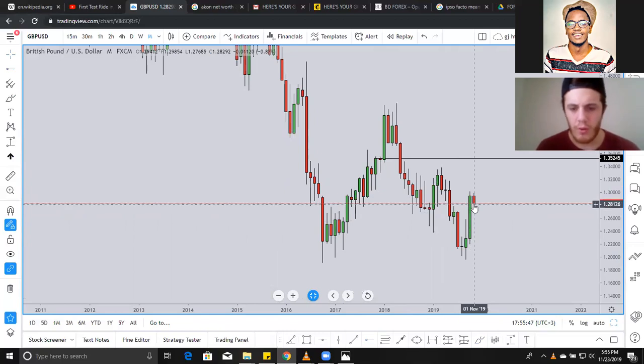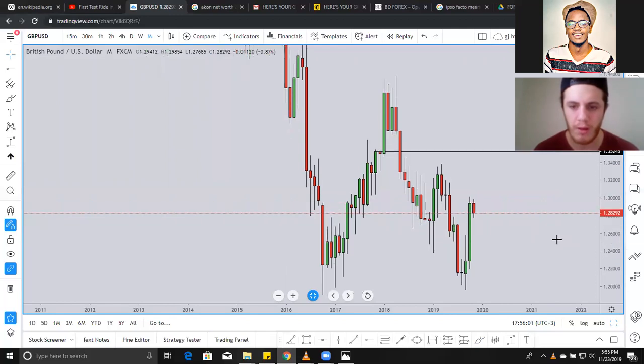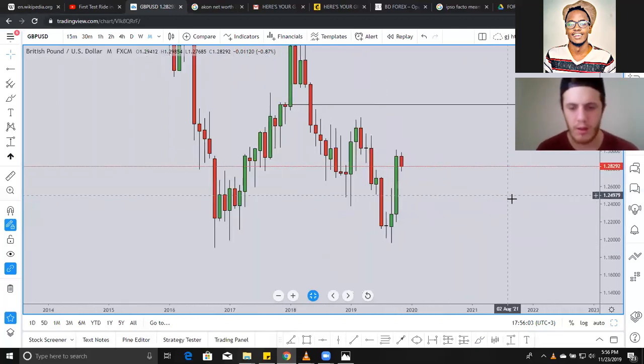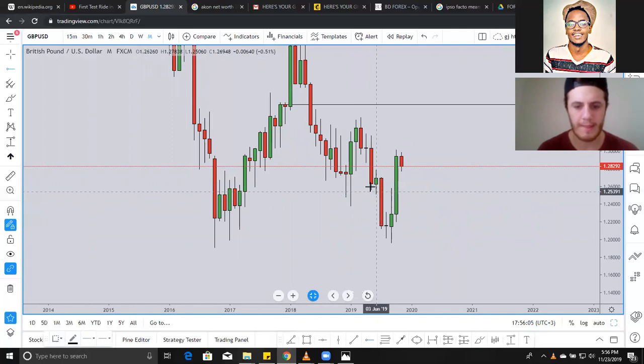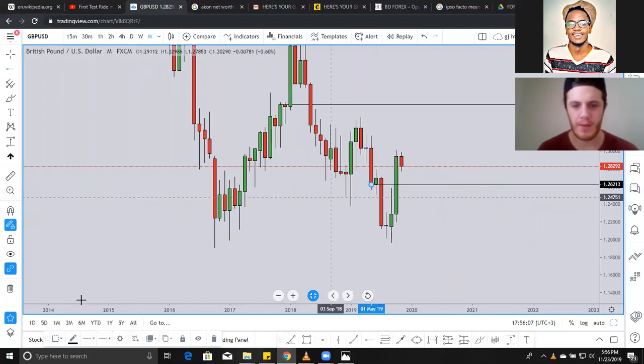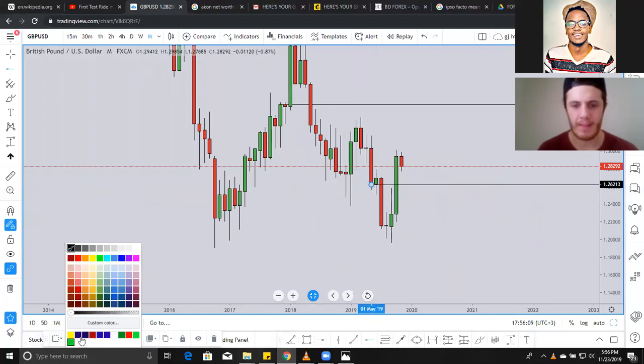Using the last lower high and lower low that was broken, we need to retest that previous invalidation point to continue going up. Absolutely. These last lows now become our monthly invalidation point.